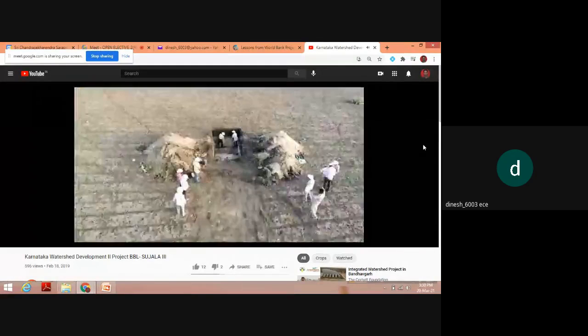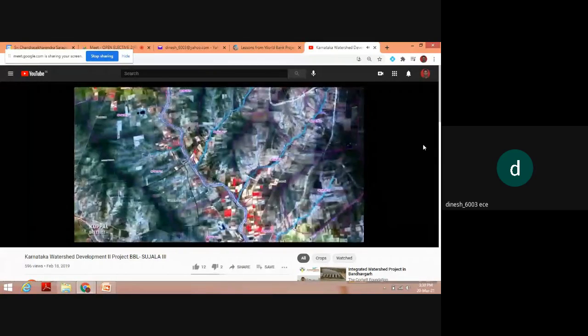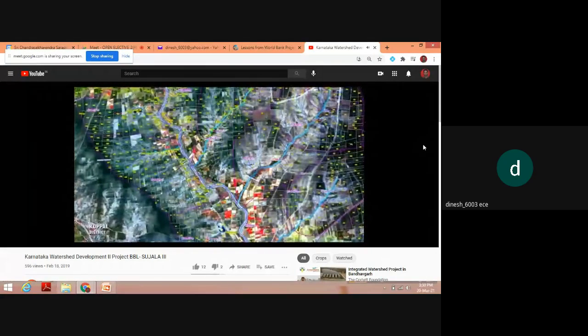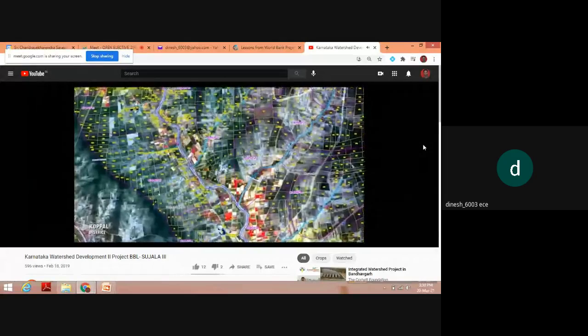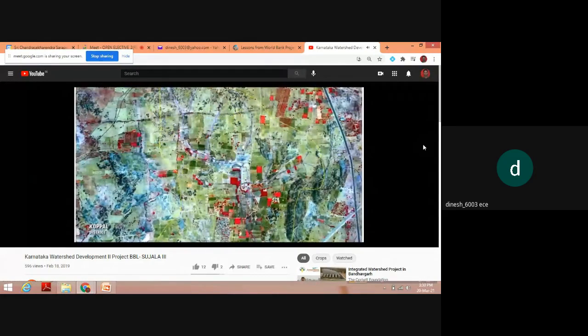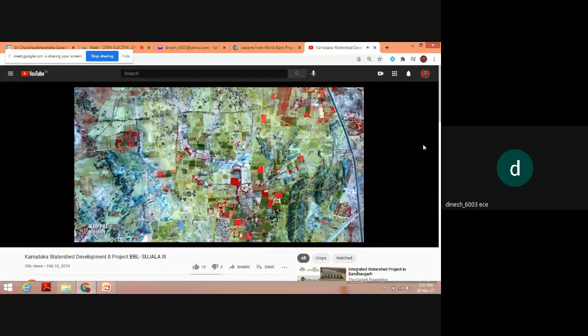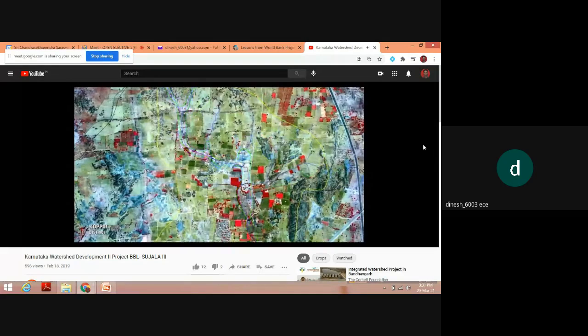Land resource inventory is the core of the project. The base map for LRI is prepared by superimposing the cadastral map on the satellite imagery of the watershed after delineating major landforms like hills, ridges, uplands, midlands, lowlands, and valleys on the base map.